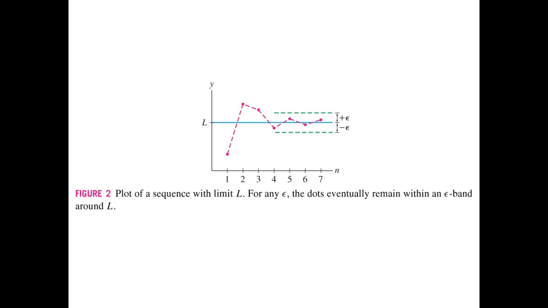You just have to go a few more places, and then somewhere out there they're all going to be within whatever epsilon you choose. And that's what it means for this to have a limit, L, for any epsilon you happen to choose.